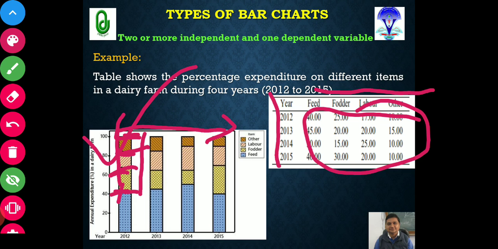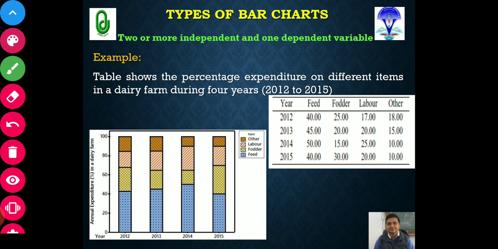So hopefully the difference between percentage and component bar chart is clear to you. So this is how the component bar chart and percentage bar chart are prepared. This is a slightly lengthy chapter, so that is why I have divided this chapter into two parts.